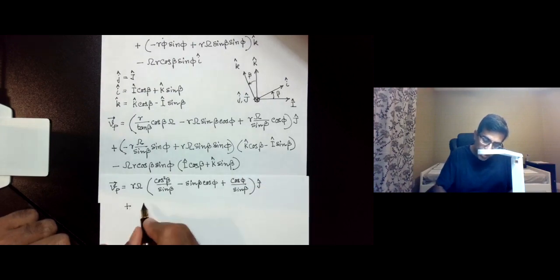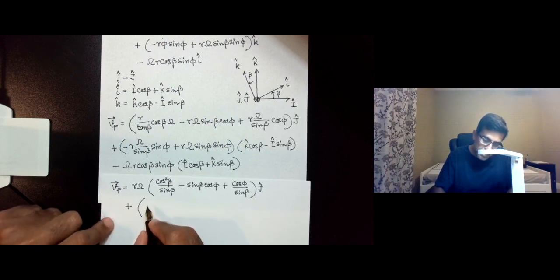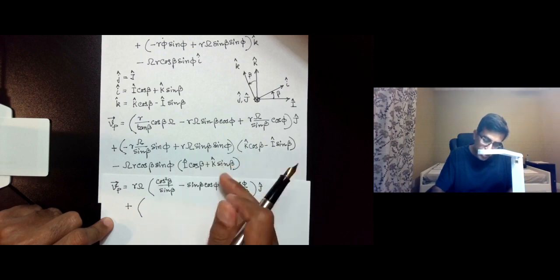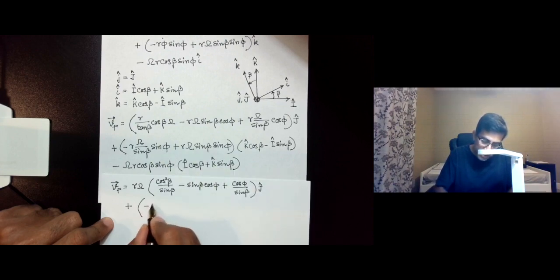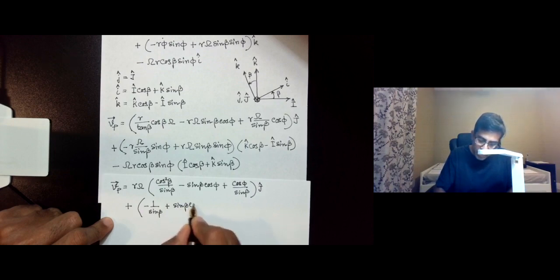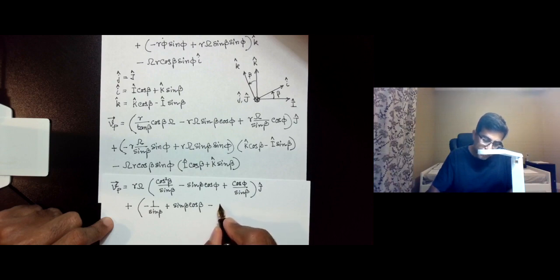Now if I take all the k components, I would have, there is a sine phi that I can see is going to be a common term, so minus 1 over sine beta plus sine beta cosine beta minus sine beta cosine beta.